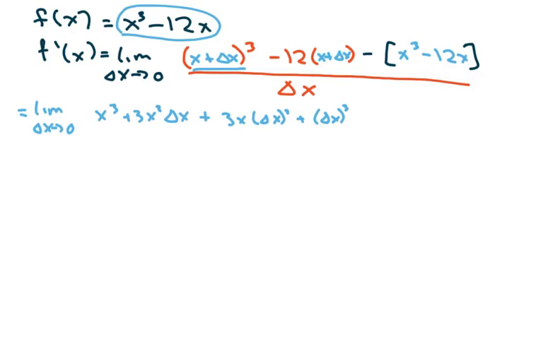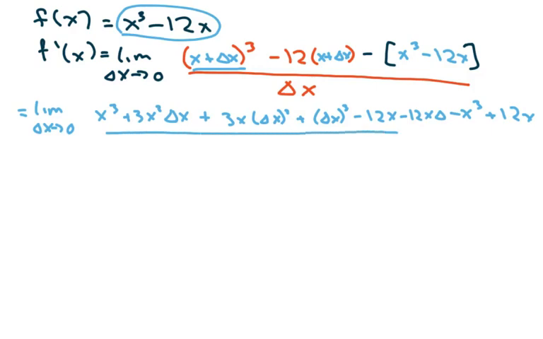Then you distribute here minus 12x, minus 12 delta x, and distribute the negative, minus x cubed plus 12x. This is all over delta x.